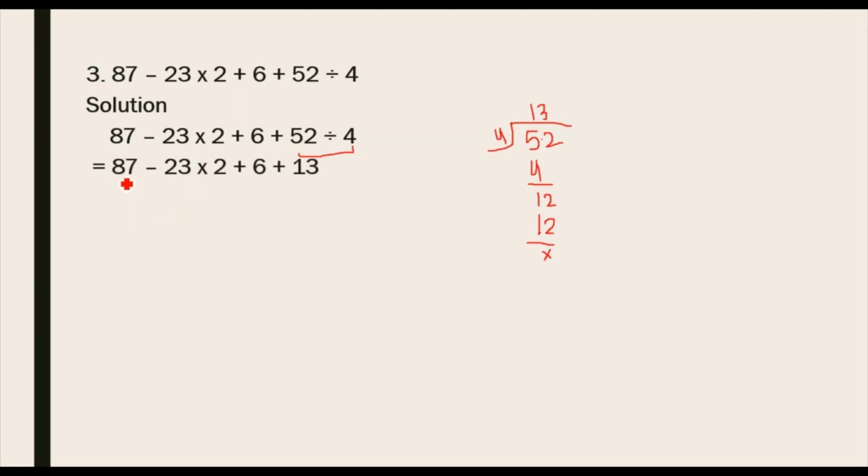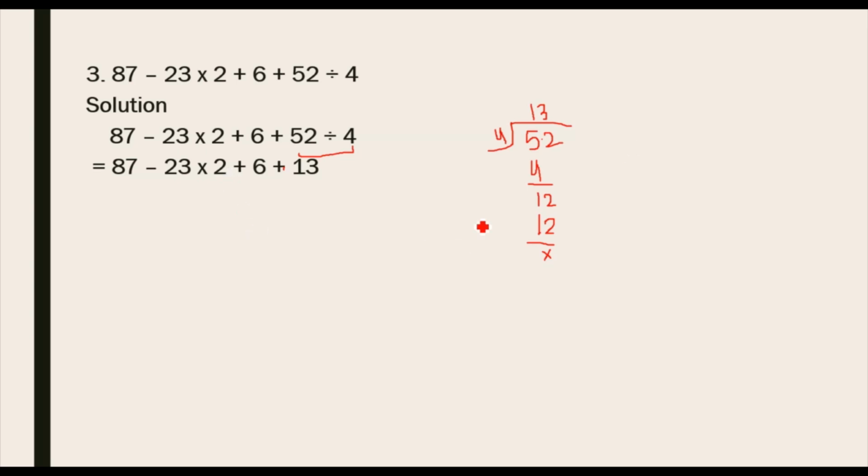Write the question as it is. 87 minus 23 multiplied by 2 plus 6 plus the answer of the division, 52 divided by 4, which is 13. Now in the second step, after doing the division, we have to do the multiplication according to BODMAS.